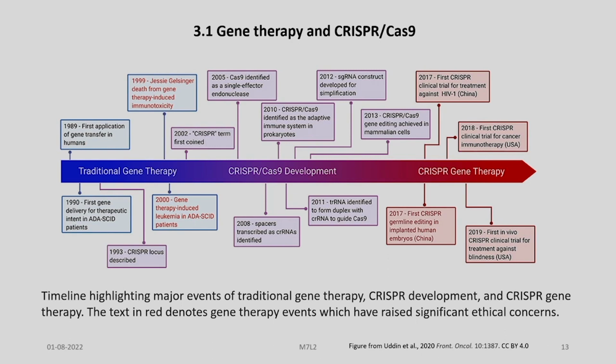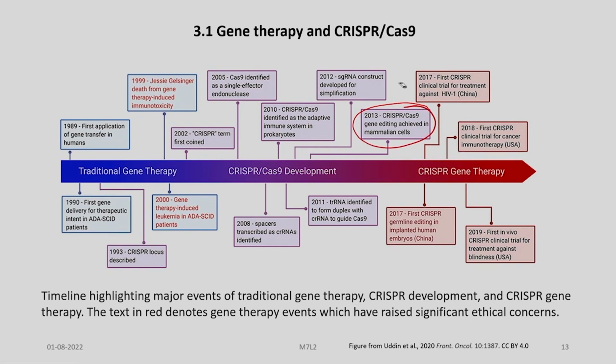In 2012, tracrRNA was identified to form a duplex with CRISPR RNA to guide the Cas9. By 2012 single guide RNA constructs were developed for simplification, which we have discussed in the earlier slides, and in 2013 CRISPR-Cas9 gene editing was achieved in mammalian cells.